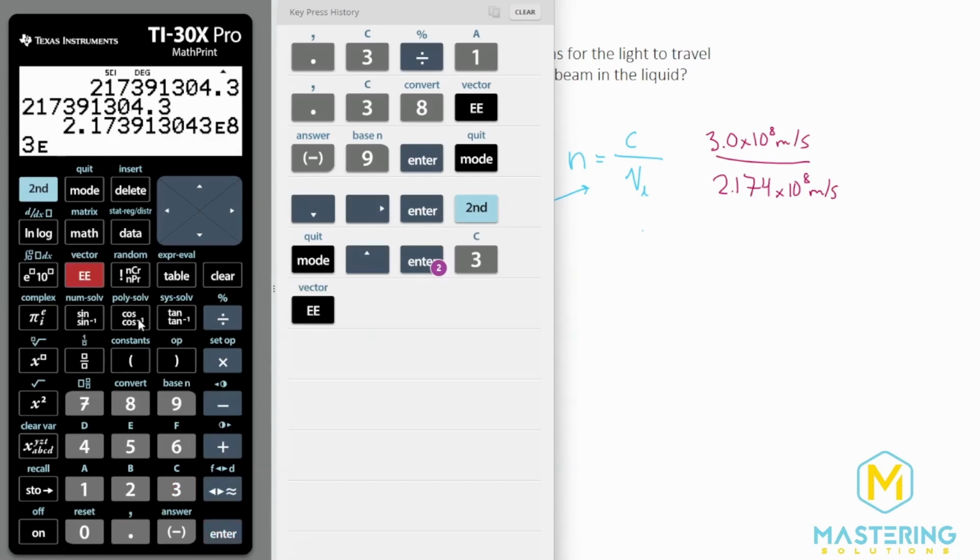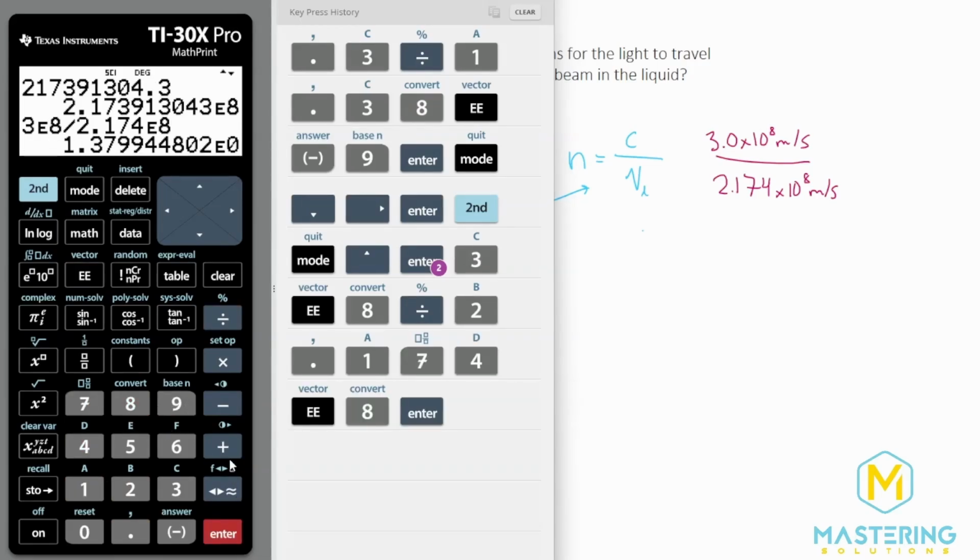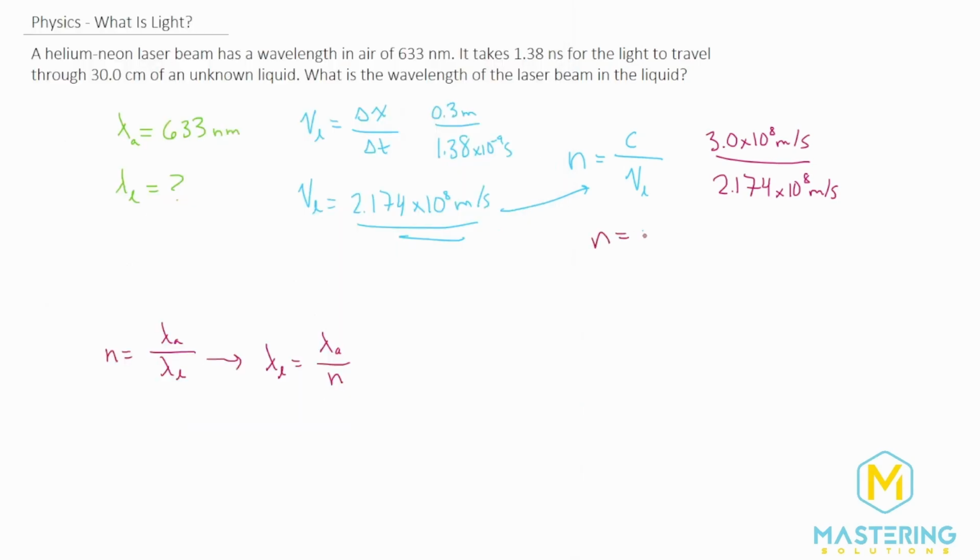So we have 3 times 10 to the 8 divided by 2.174 times 10 to the 8. So that gives us 1.38. So n is equal to 1.38. And again, remember, there's no units for index of refraction, so when we have meters per second divided by meters per second, that is correct.